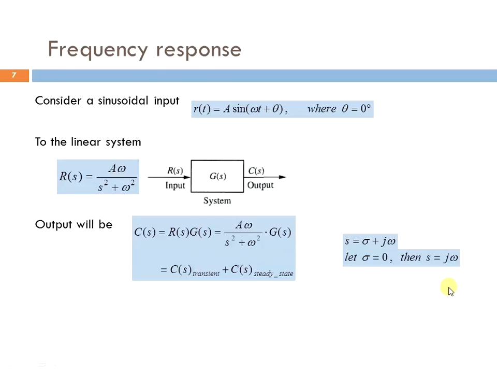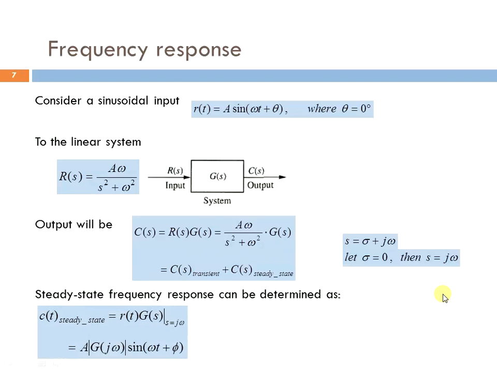So analytically, the frequency response analysis amounts to substituting s with j omega in the transfer function of the system. Then the steady state frequency response will be given by the product of the input sinusoid R(t) and the transfer function G, with s being replaced by j omega.